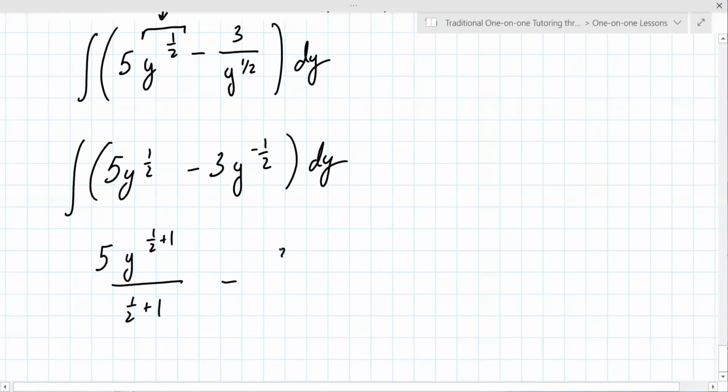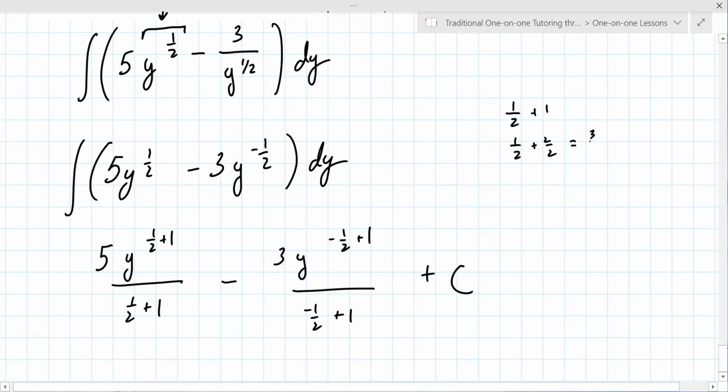Yep. So 1/2 plus 1 is really 1/2 plus 2/2, which is 3/2.